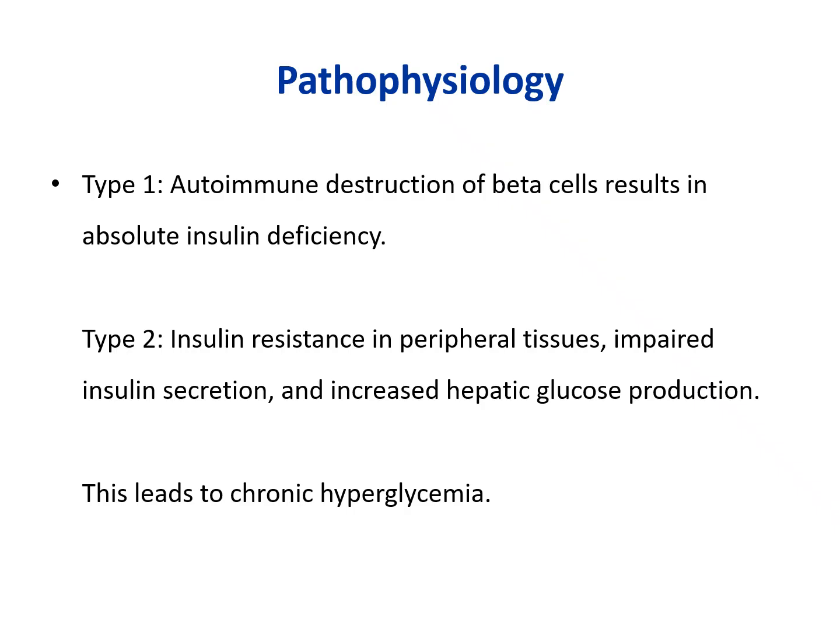So diabetic foot is mostly seen in type 2 diabetes mellitus, and sometimes it also occurs together with impaired insulin secretion. In type 2 diabetes mellitus there can also be abnormal hepatic function, with increased hepatic glucose production.